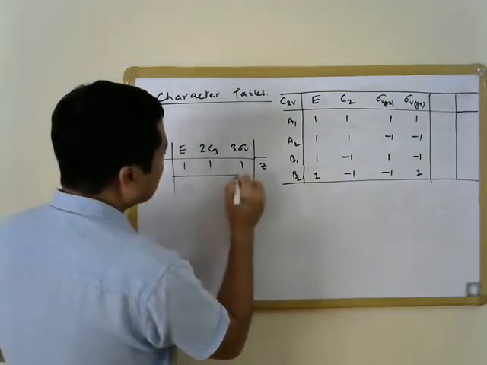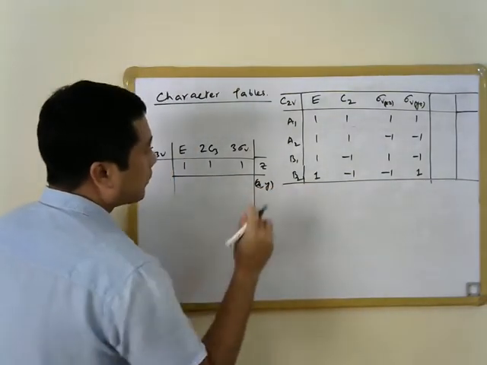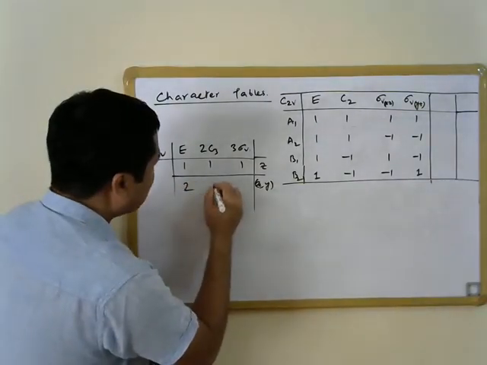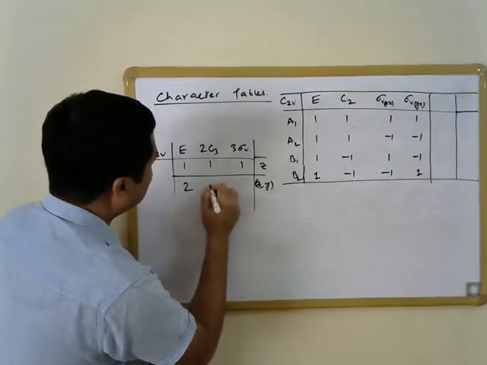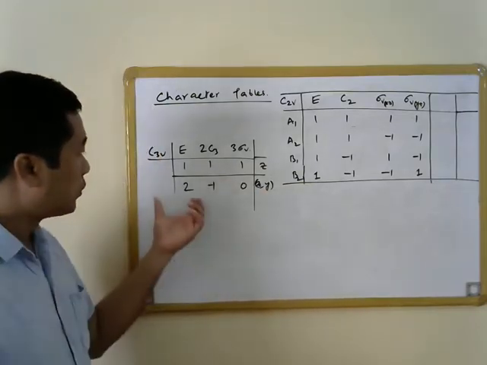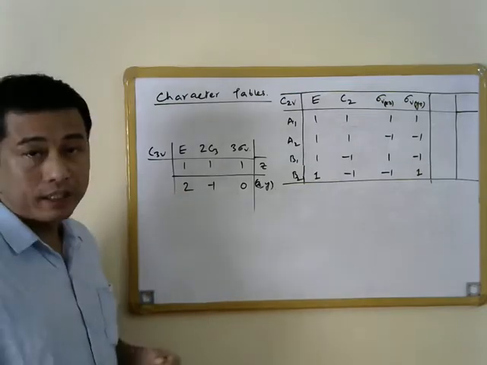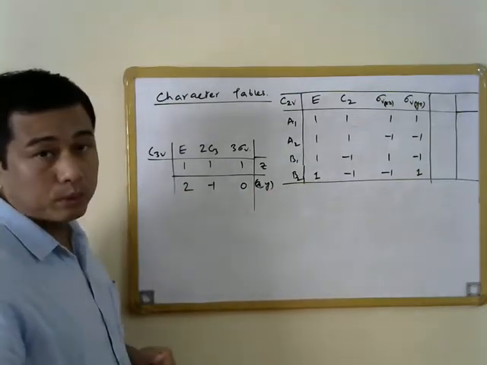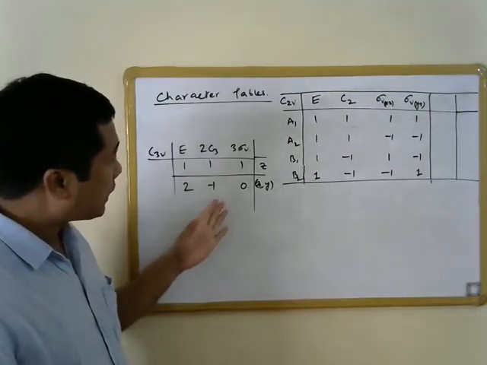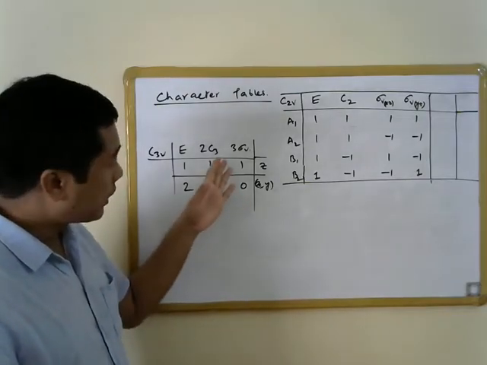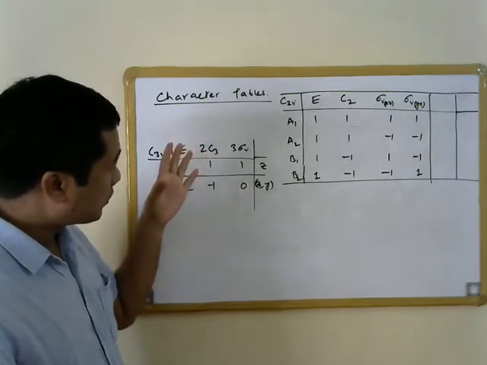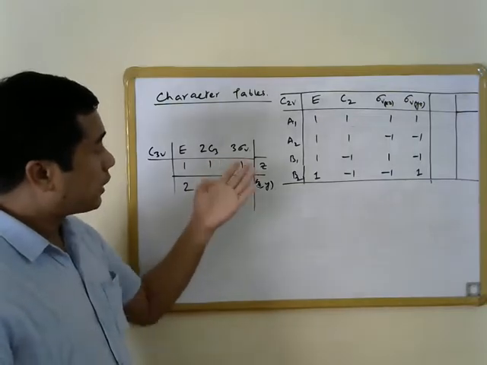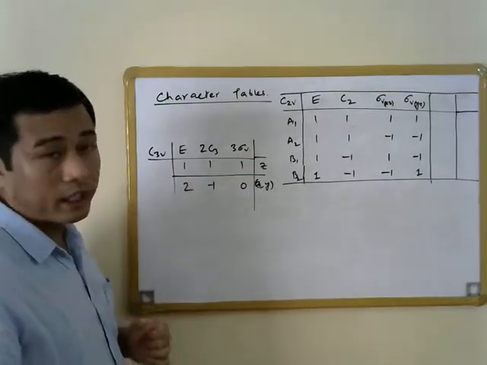And we have also seen that x and y are inseparable in the case of the C3v point group, and the characters that we get for these are 2, -1, 0, and this transforms as this particular irreducible representation. This is how we can find out how these Cartesian coordinates transform as different irreducible representations in any particular point group.